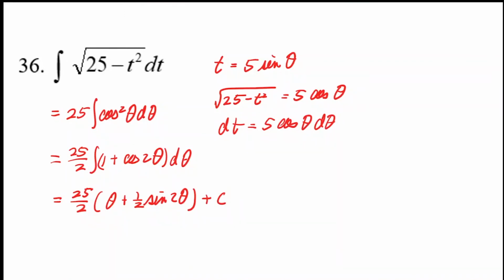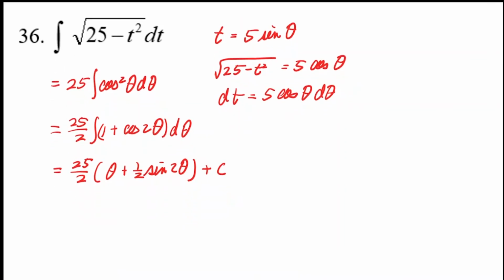You with me? Usually we have done these things in indefinite integral, so we substitute, but we have nothing to substitute, so we have to bring t back. Theta here is inverse sine of t over 5. So far so good.